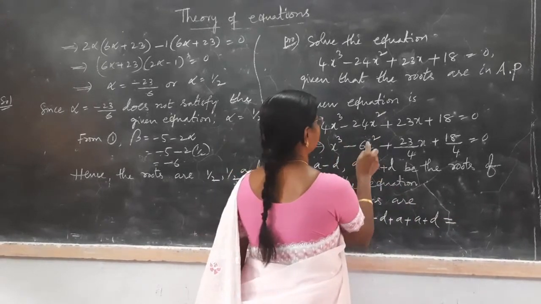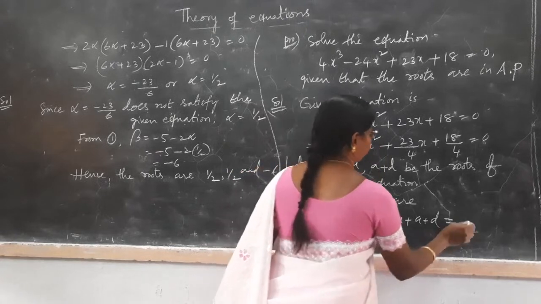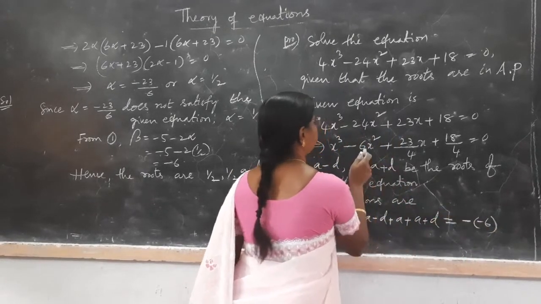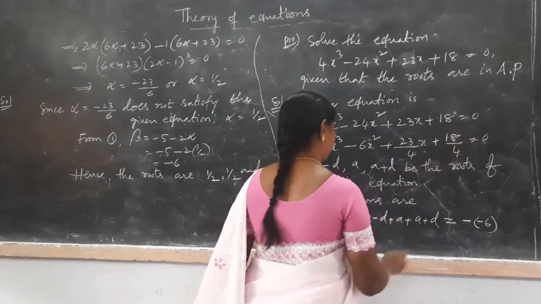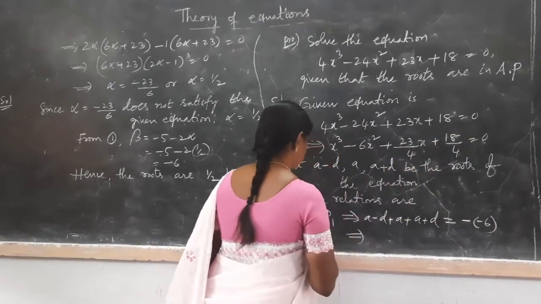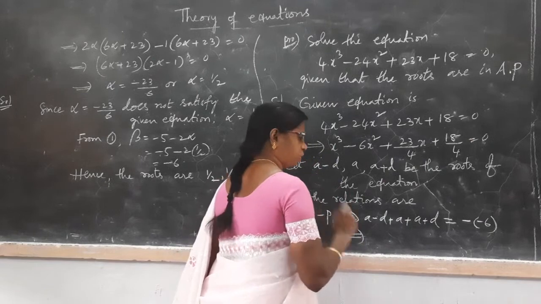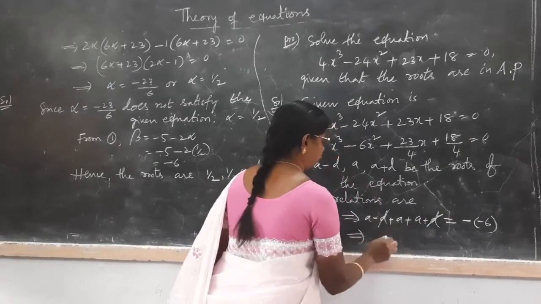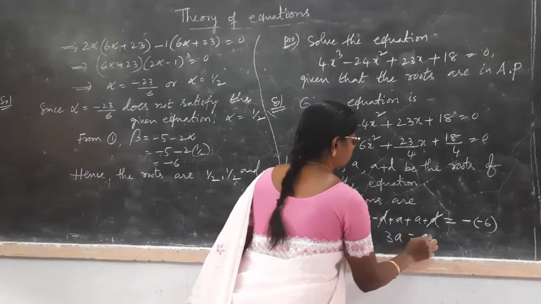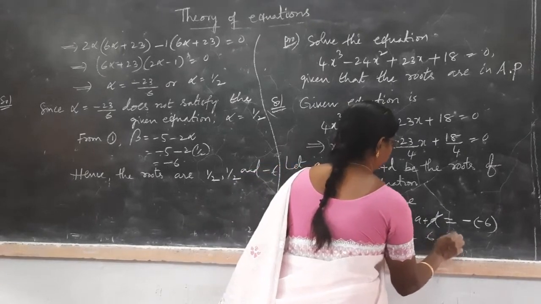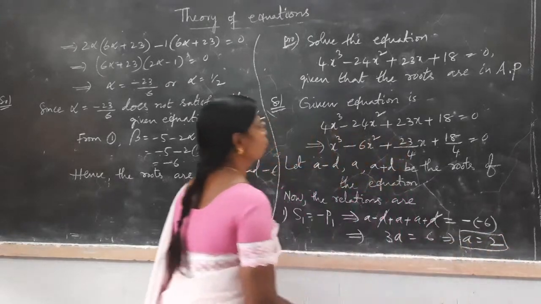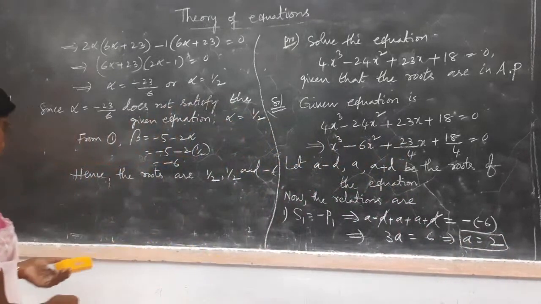What is minus p1? Minus of minus 6, that is p1. Here d cancels out, 3a is equal to 6. This implies a is equal to 2. Very simple. This type of problem we can solve easily.